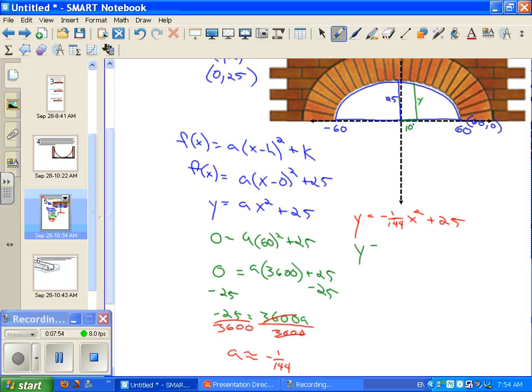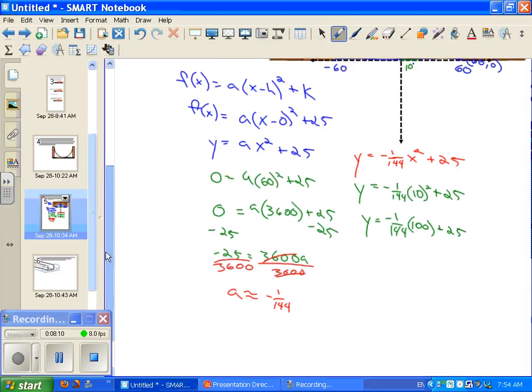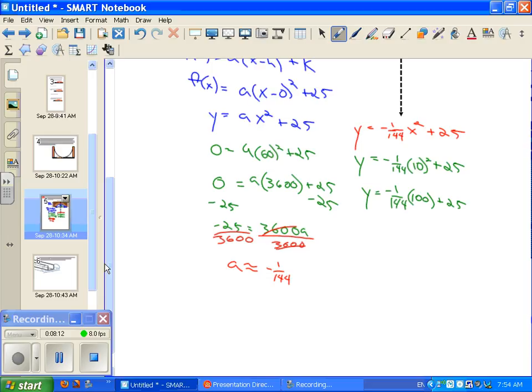So y equals negative 1 over 144 times 10 squared plus 25. All right, so I'm going to get negative 100 over 144 plus 25. Let's see, that's probably going to simplify.